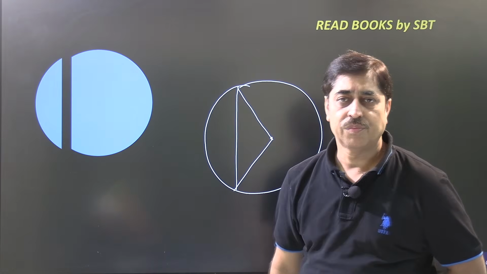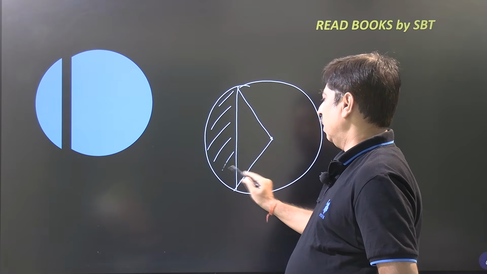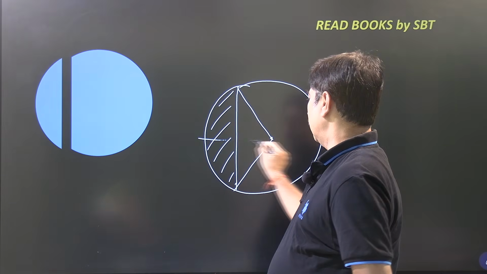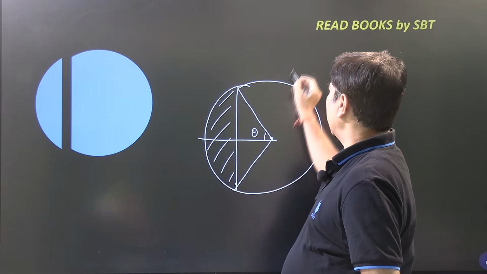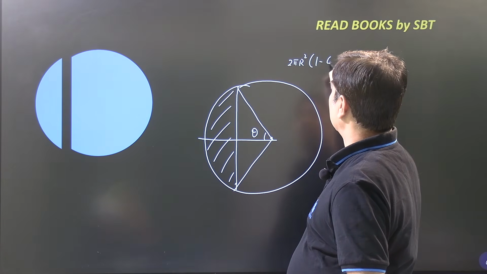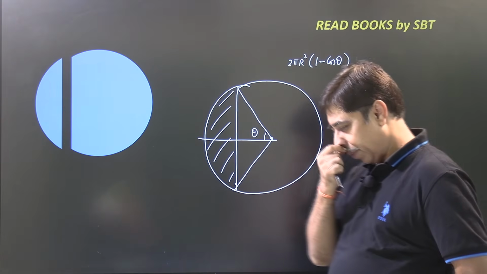No, this is 120 degrees. The area of this cap, it is a cap sort of thing, right? The area of this cap is given by 2 pi r square times (1 minus cos theta). Those of you who understand a bit about solid angle must know this.